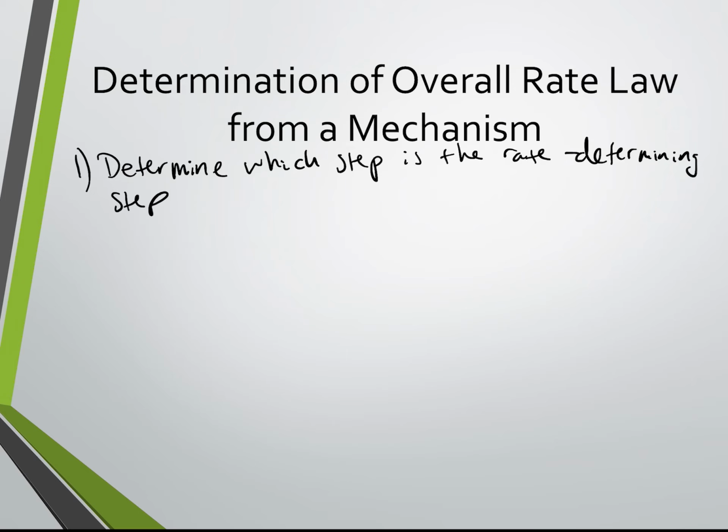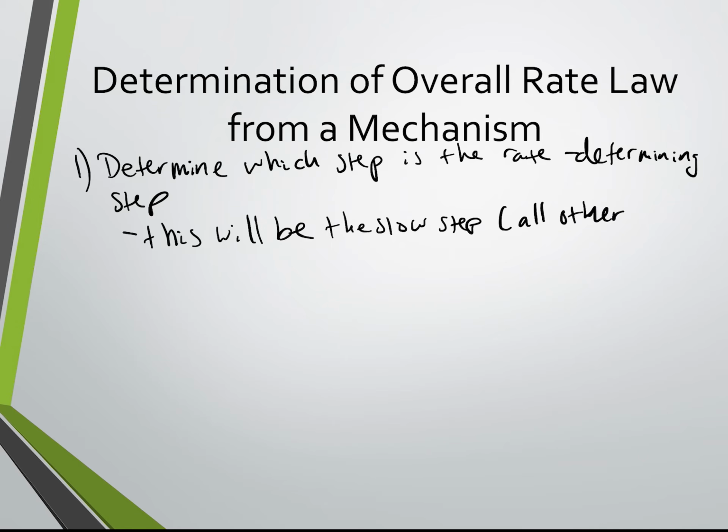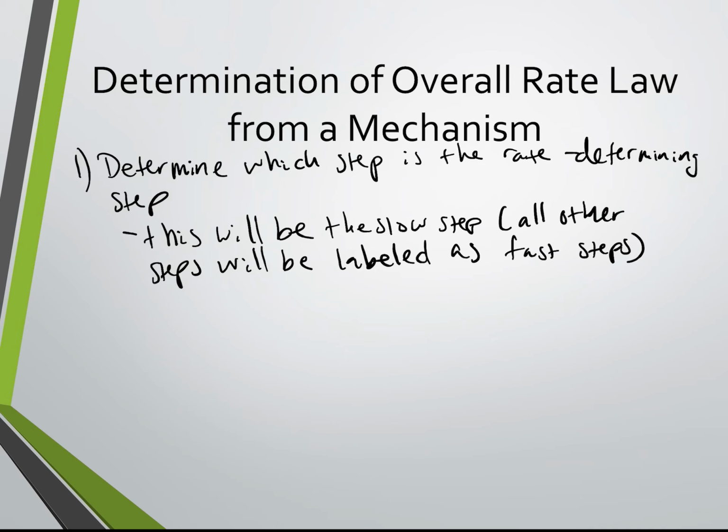The steps will be labeled as slow or fast. So it'll be the slow step. All other steps will be labeled as fast steps. So generally these will be labeled, so it'll be really easy to determine which one is our rate determining step.